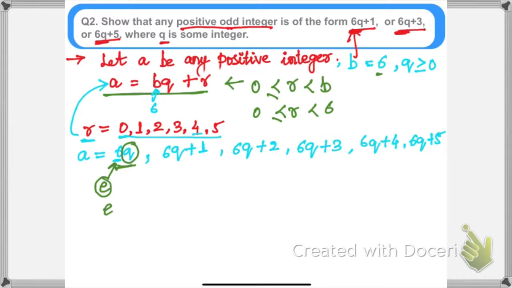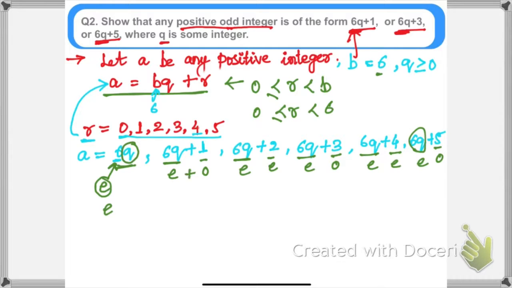Okay, this 6q is again an even number and this 1 is odd. Here again this 6q is even and this is even, this is even, this is odd, this is even, this is even, this 6q is even and this 5 is odd.